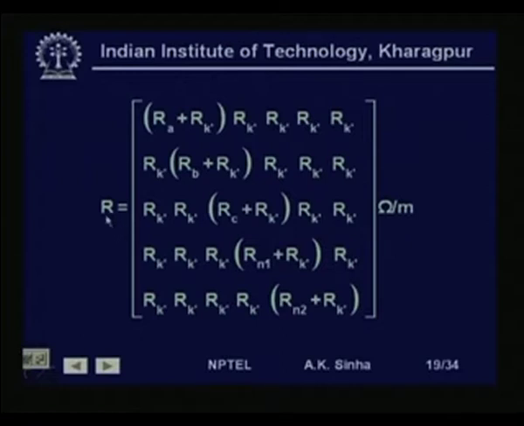Here the matrix R is a 5 by 5 matrix, and this is represented by, for R A A, what we have is R A plus R k dash, that is, R A is the resistance for conductor A, plus R k dash is the resistance for the image conductor, which is below A. Then we have R k dash for the other 4.